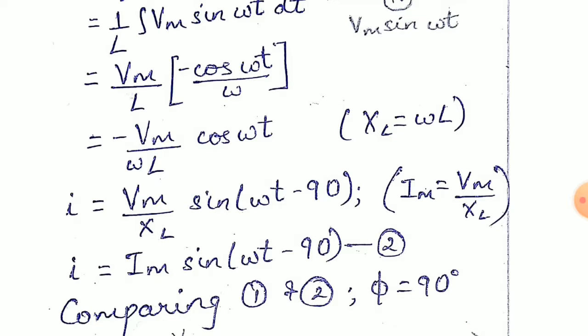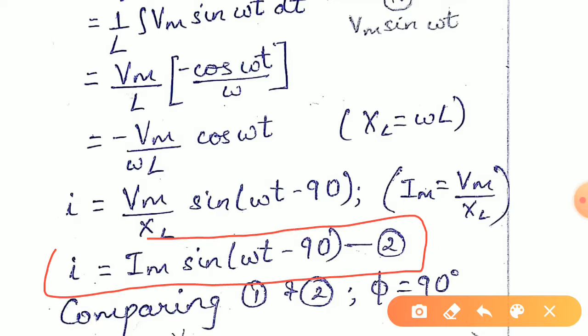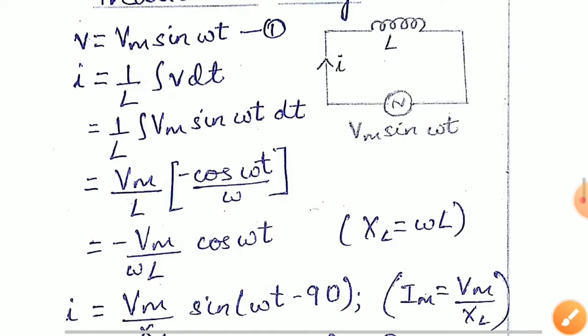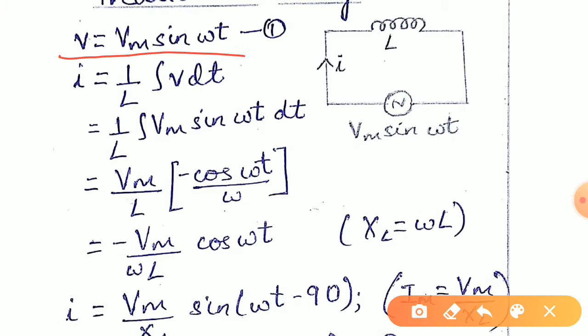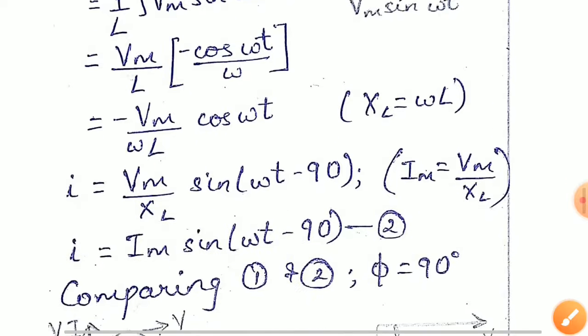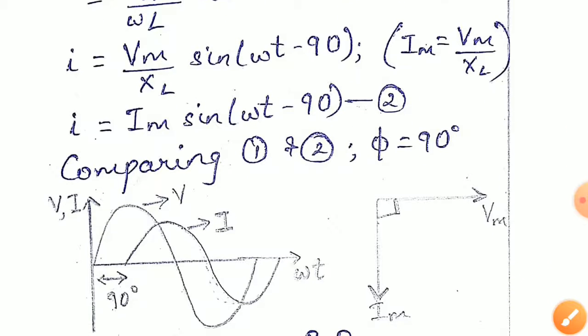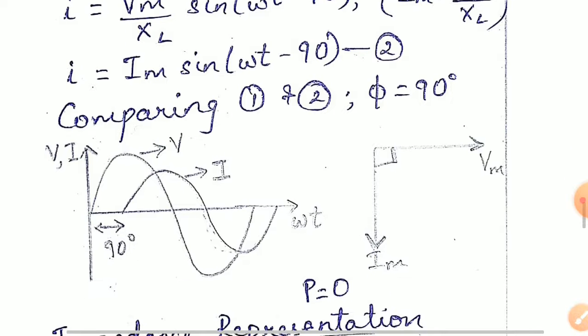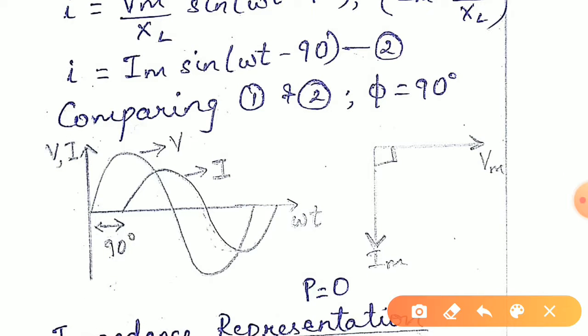So here we have current equation as I is equal to Im sin omega t minus 90 degree, while equation for voltage is V is equal to Vm sin omega t. So we can see that we have a phase difference of 90 degree in the circuit, which means that current I is lagging behind the voltage by 90 degree.